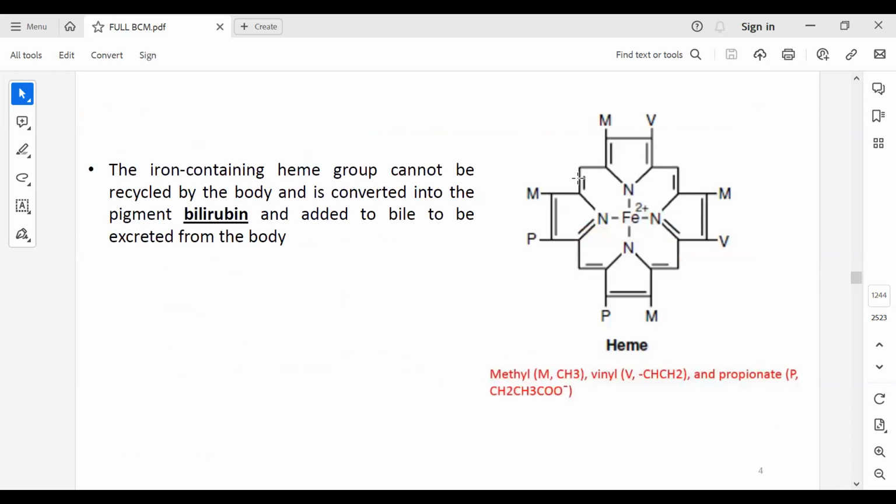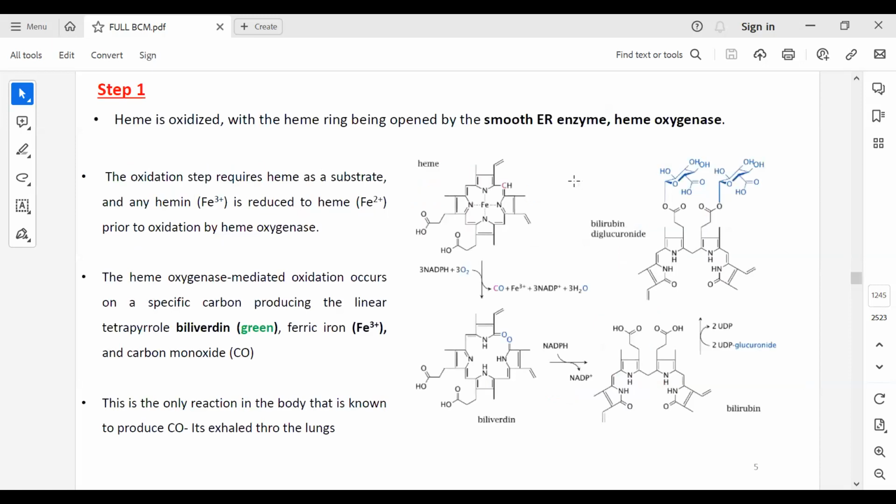You already know the structure of the hemoglobin. The iron-containing heme group cannot be recycled by the body, and it is converted into the pigment bilirubin, added to bile and excreted out of the body. But the globin part can be reused.